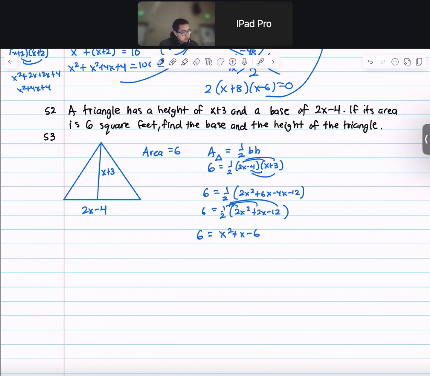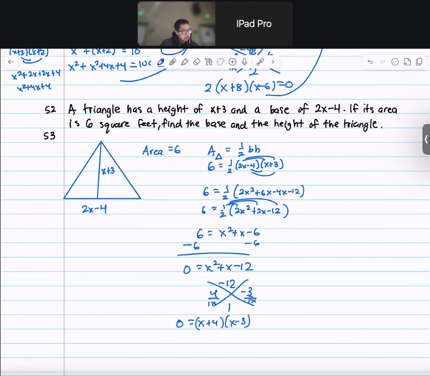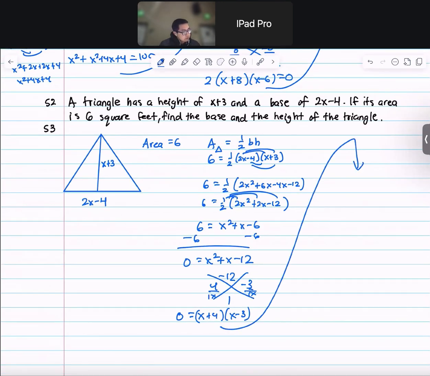And then we set the equation equal to 0, and then we can factor: 4 and negative 3, 1x, 1x. So 0 equals x plus 4 times x minus 3. When you solve, you've got to set both of your factors equal to 0. Ultimately, x will equal negative 4 and x equals 3.